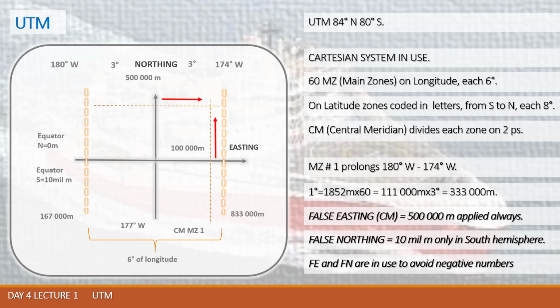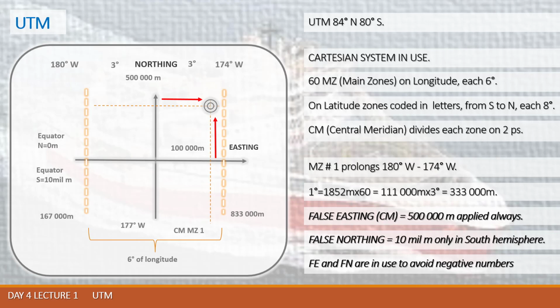With red arrows, I would like to show you the value of the next position. If we are moving from the central meridian 100,000 meters to the north and 100,000 meters to the east, the coordinate will be 100,000 meters northing and 600,000 meters easting. This is how to understand the coordinate in UTM.